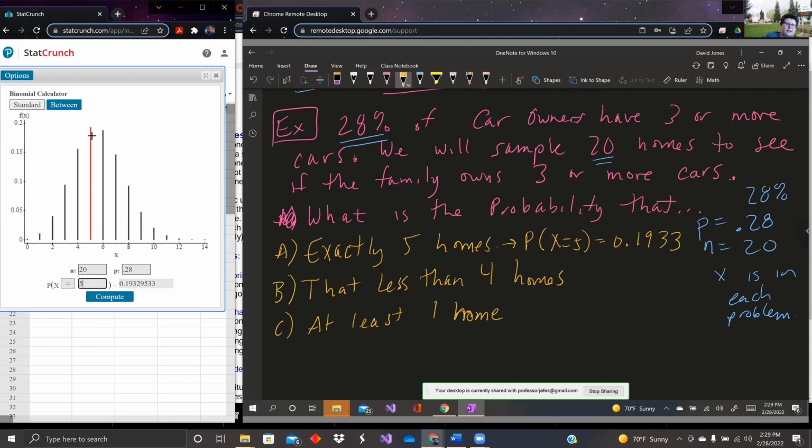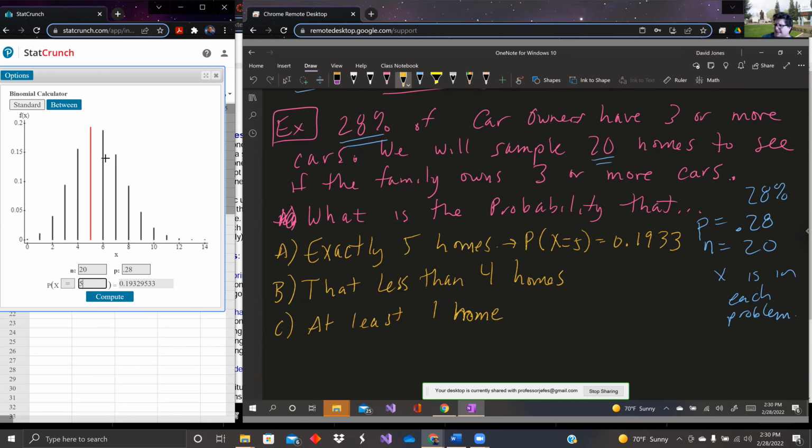Notice that it's got a red here. It shows us what section of the graph we're talking about. It's a probability calculator, and that's all dependent on the probability, as we'll see later on. So that was exactly 5 homes.